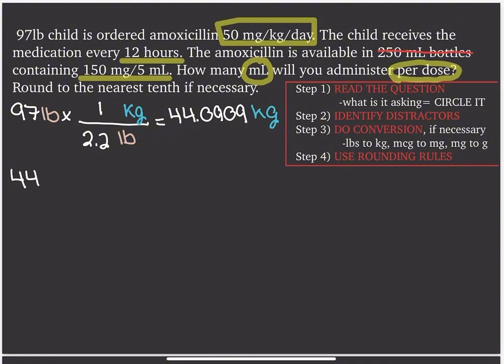Now that we have the total weight of the patient, we need to multiply it by the 50 milligrams because there's 50 milligrams per 1 kilogram of weight. So it would be 44.0909 kilograms times 50 milligrams.